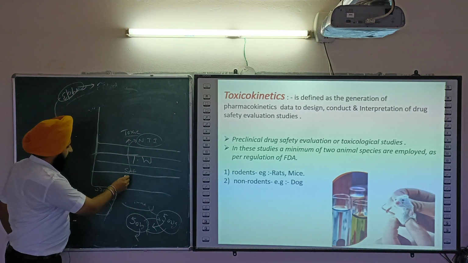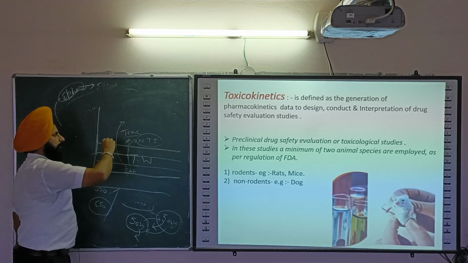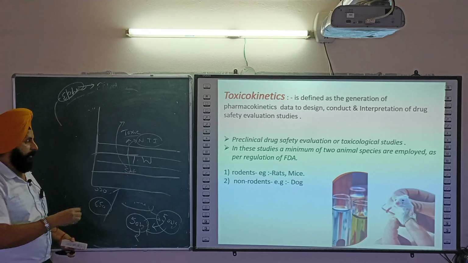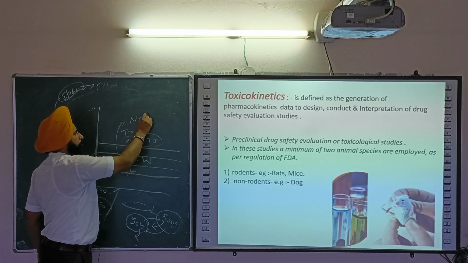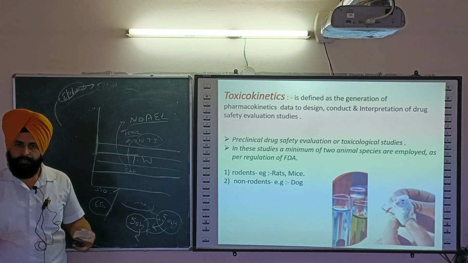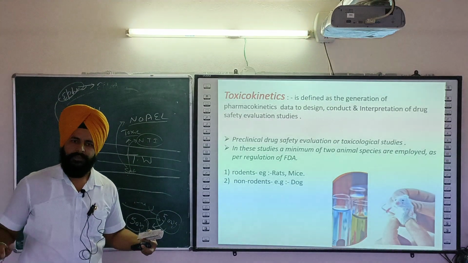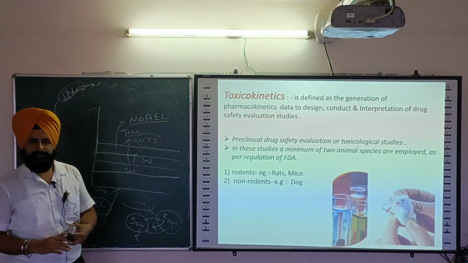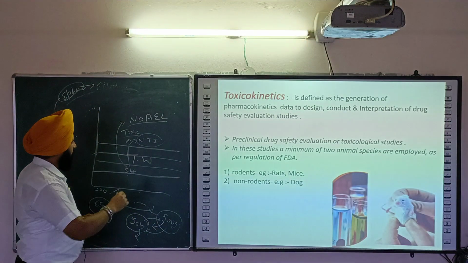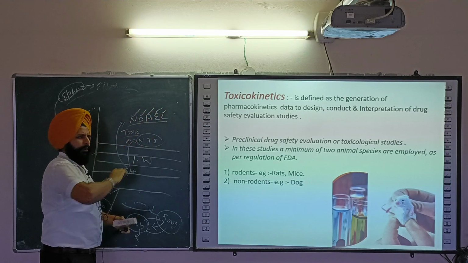Another point: whenever we go from the safe therapeutic window toward a higher level, there is another point called NOAEL, the no observed adverse effect level, which is a very important parameter for toxicokinetic analysis. That means you have no observed adverse effect, no observation.